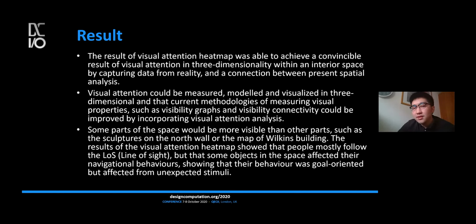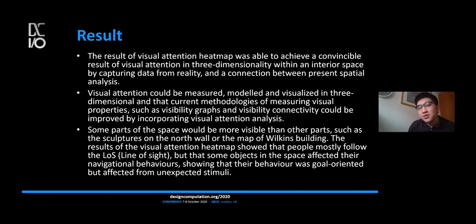And the current methodologies of measuring visual properties, such as visibility graphs or visibility connectivity, could be improved by incorporating visual attention analysis. Maybe you can figure out whether the data or the result is correct by incorporating the visual attention heat map. Some parts of the space will be more visible than other parts, such as the sculpture on the north wall, or maybe the UCL map becoming the most attractive element, which will obviously affect pedestrian navigational behaviors.